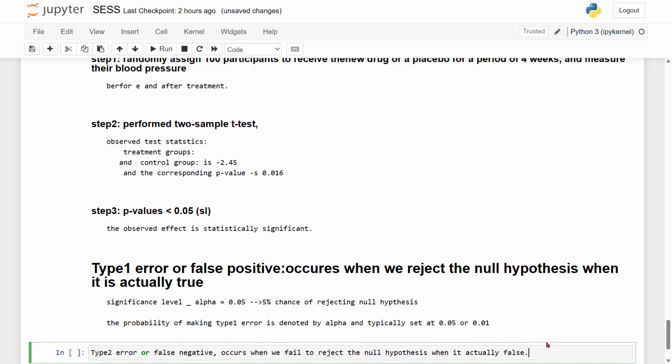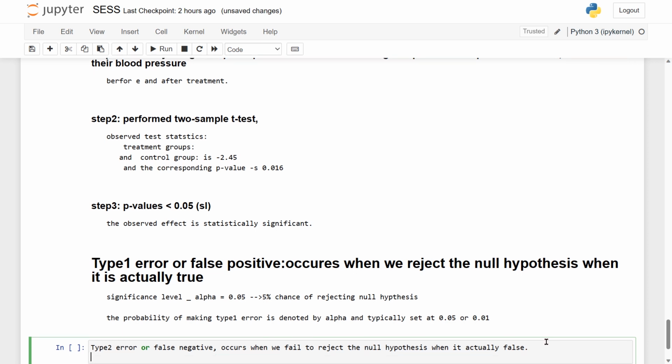So how much percentage of chance do you have to confirm the null hypothesis? If your alpha level is 5%, you will have 95% chance. There is a huge chance of false negative, of type 2 error. So this means that we conclude that there is no significant effect or difference when there actually is.